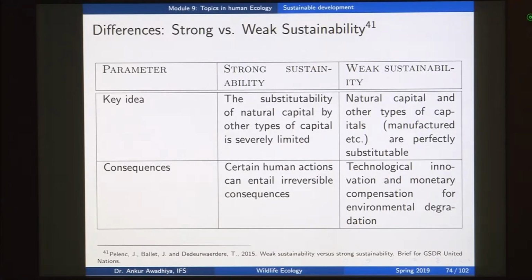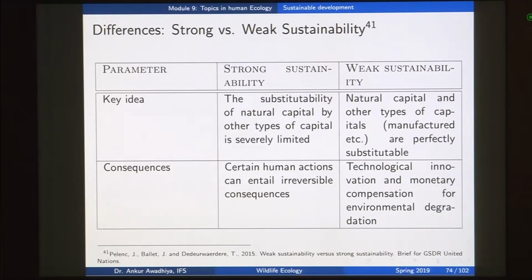On the other hand, weak sustainability would argue that technological innovation and monetary compensation for environmental degradation are good enough. Which means it would say that if you are destroying a forest and paying people money, or if you are destroying the forest and making a good road, that covers up everything.